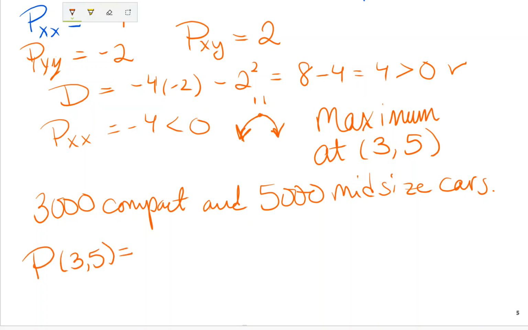So I'd get like, oh god, 17 times x, which was a 3, minus 2 times x, which is a 3. Oh boy, I'm looking back at my notes so I can see what this was, plus 20y, which is a 5, minus, this is not going to fit.